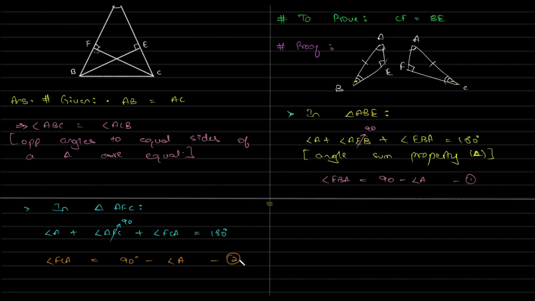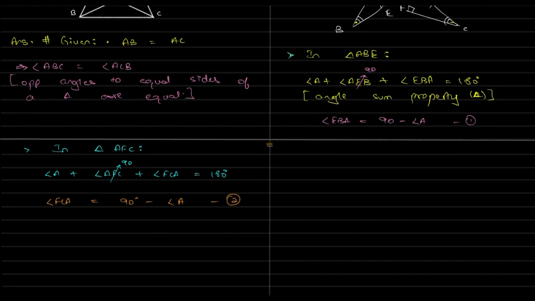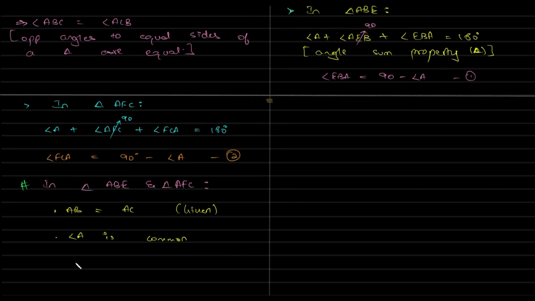So from 1 and 2, what can you tell? Clearly, these two angles have to be equal. We have angle FCA equal to angle EBA, right? Both are equal to 90 minus angle A.